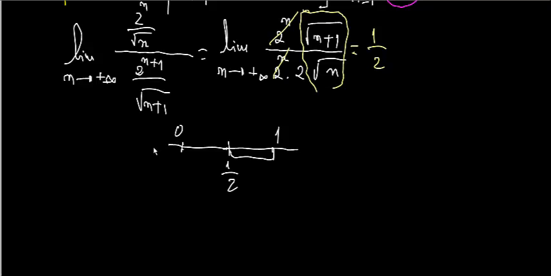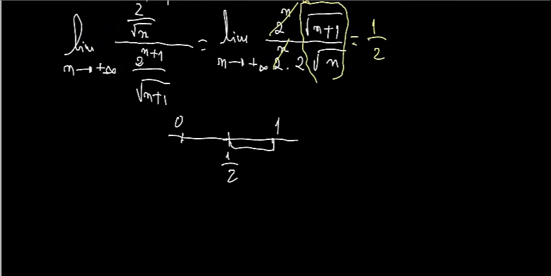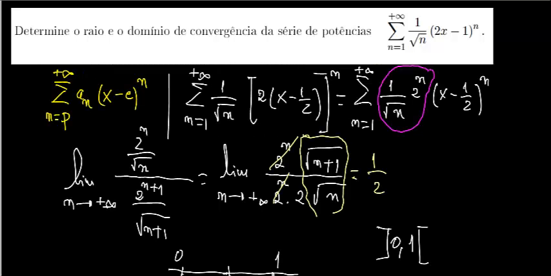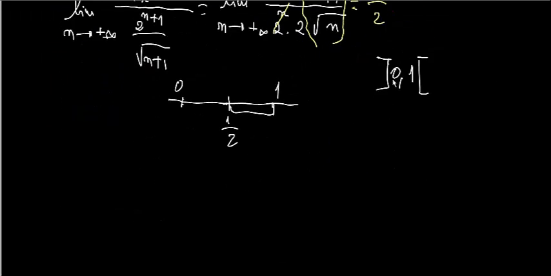So now I have the convergence interval, and the convergence interval is the open set from 0 to 1. And now I must test the endpoints, which are 0 and 1.